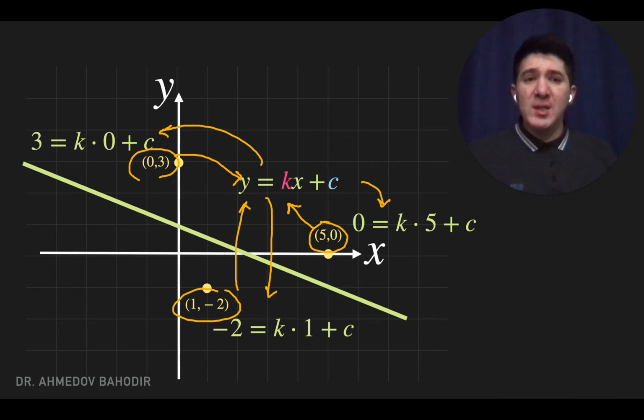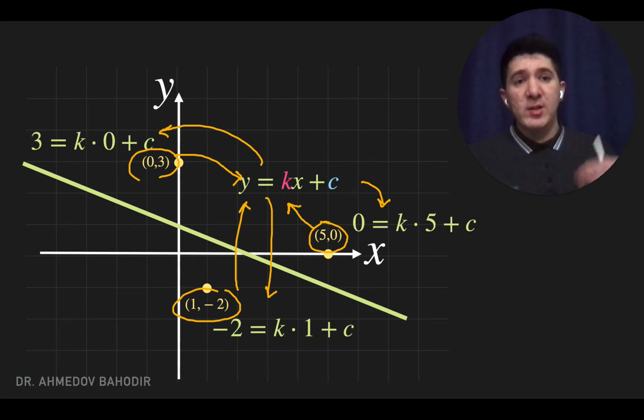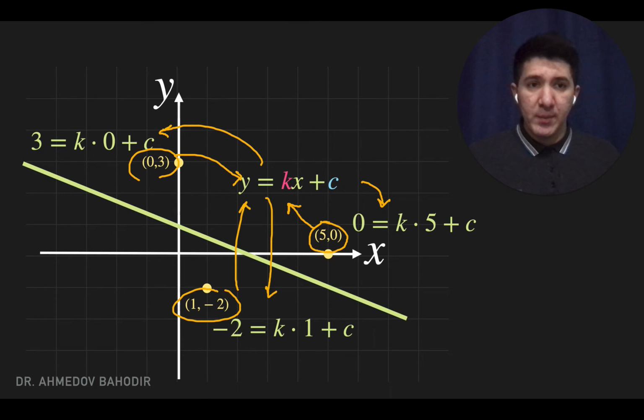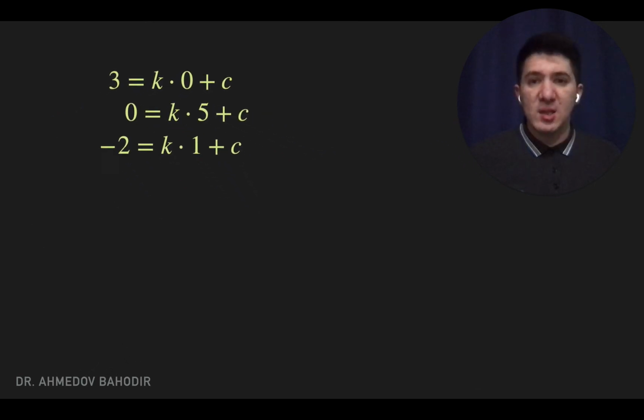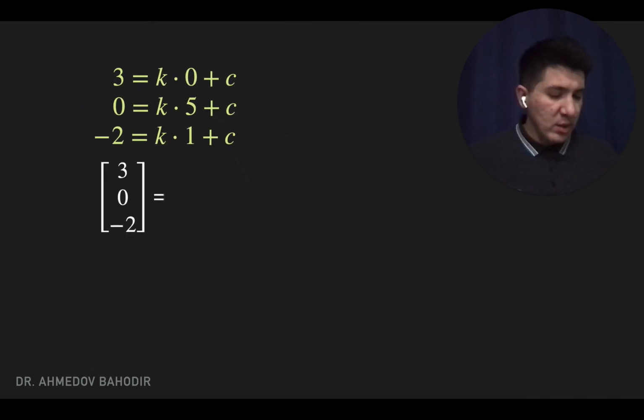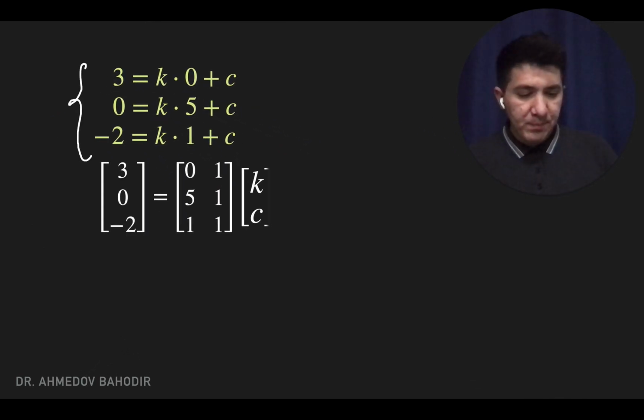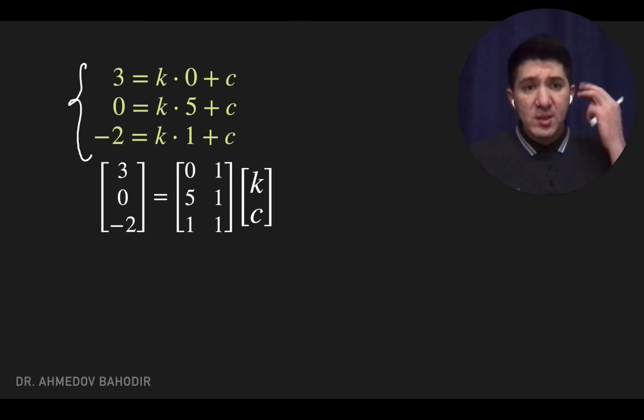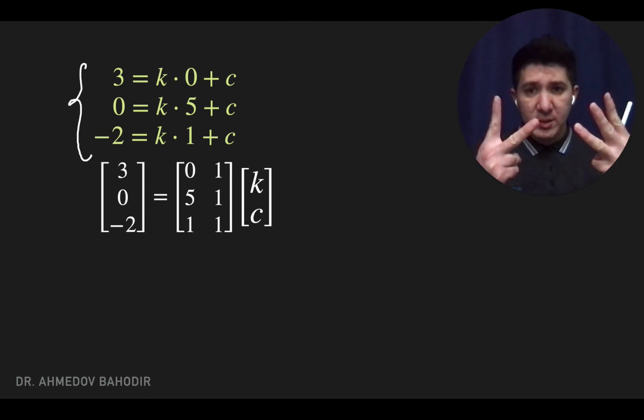So this is what we did when we found the equation of a line through the 2 points, right? We substitute the coordinates into the equation, we derive the system, and solve it. So this is what we're doing now as well. We've got 3 equations now, and we are going to construct a system of linear equations, with 3 equations and 2 unknowns, okay?